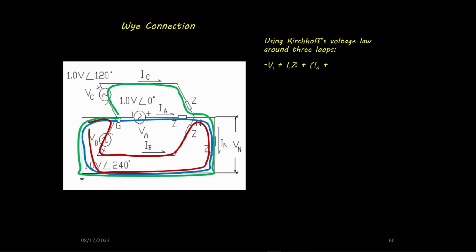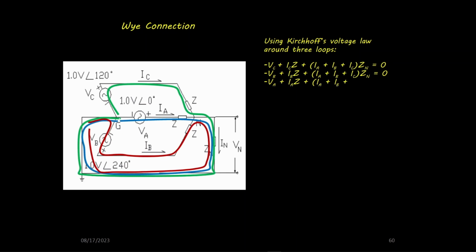the sum of the voltages around the green loop is minus Vc plus Ic times Z plus (Ia plus Ib plus Ic) times Zn equals 0. The sum of the voltages around the red loop is minus Vb plus Ib times Z plus (Ia plus Ib plus Ic) times Zn equals 0.